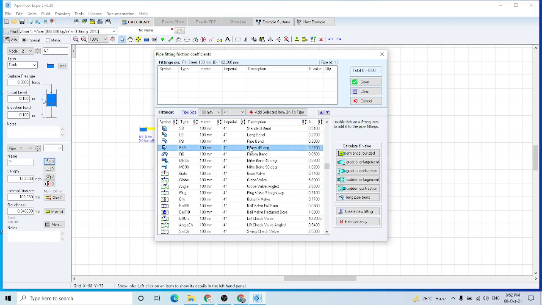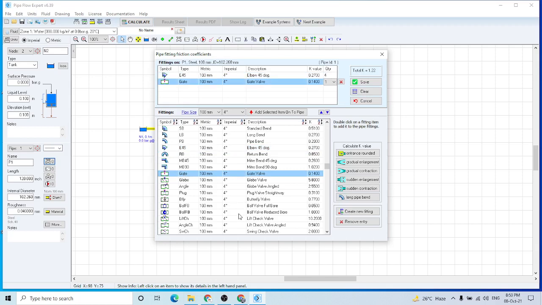So let's assume that this pipe has elbows of 45 degrees and a total number of 4 elbows are there, and let's assume that it also has a gate valve, and you can add any other fitting of your choice.